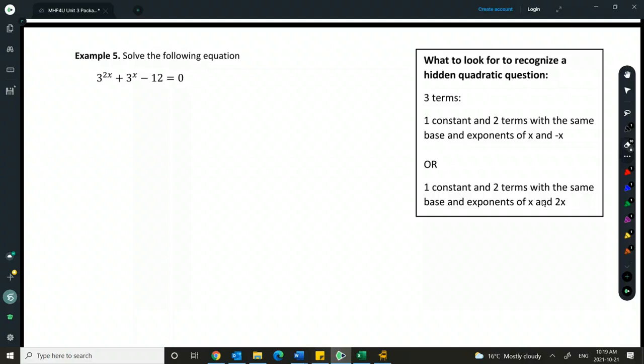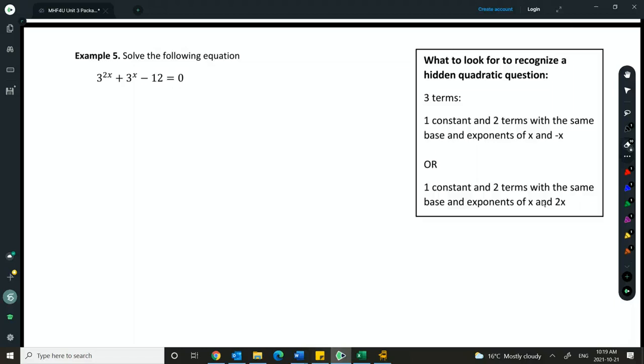So in these types of questions, we call them hidden quadratic questions. We're at lesson 4. We're going to do example 5, and then we'll go back to example 4. The way that we can recognize these types of questions is, you will notice a couple things. You're going to notice that you have 3 terms.